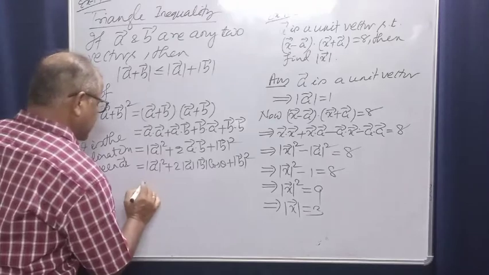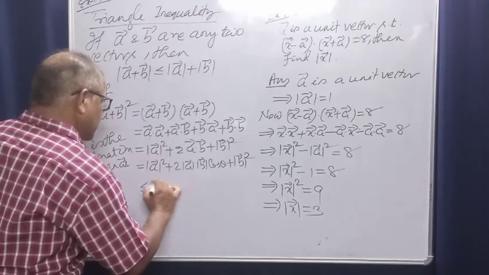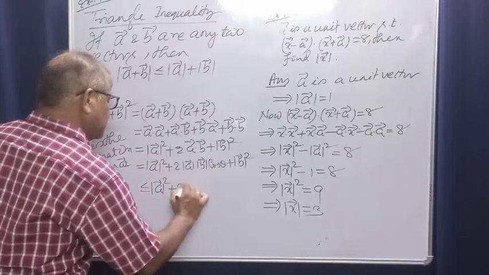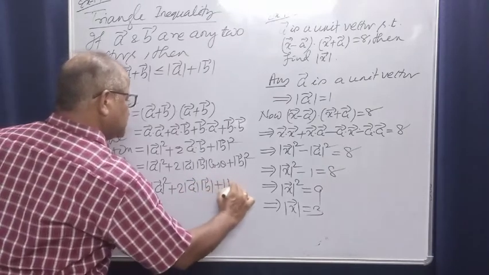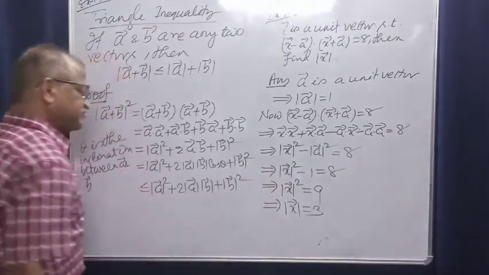So, I can write it like this, less than equal to magnitude of A square plus 2 magnitude of A into magnitude of B plus magnitude of B square.